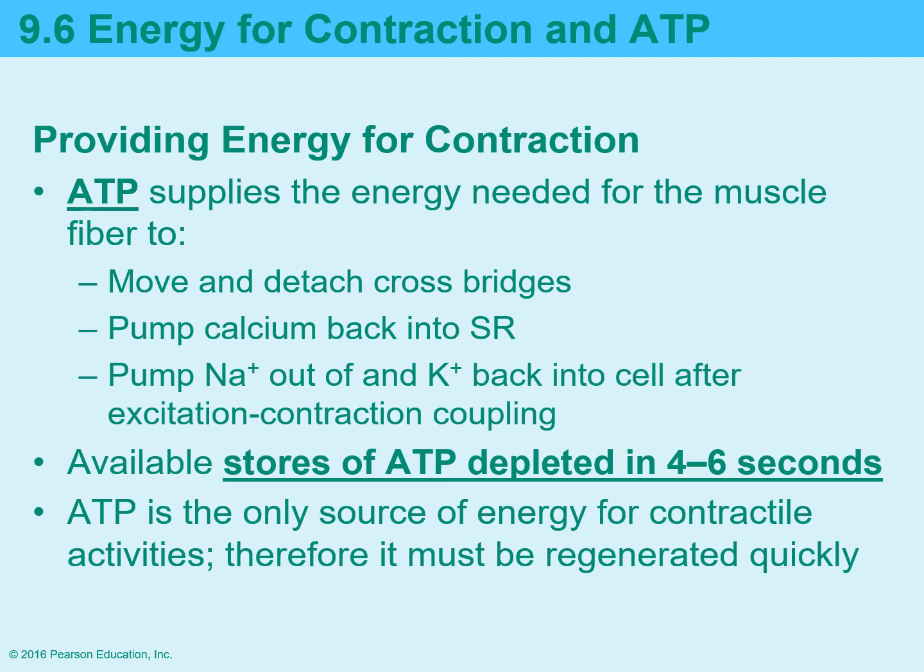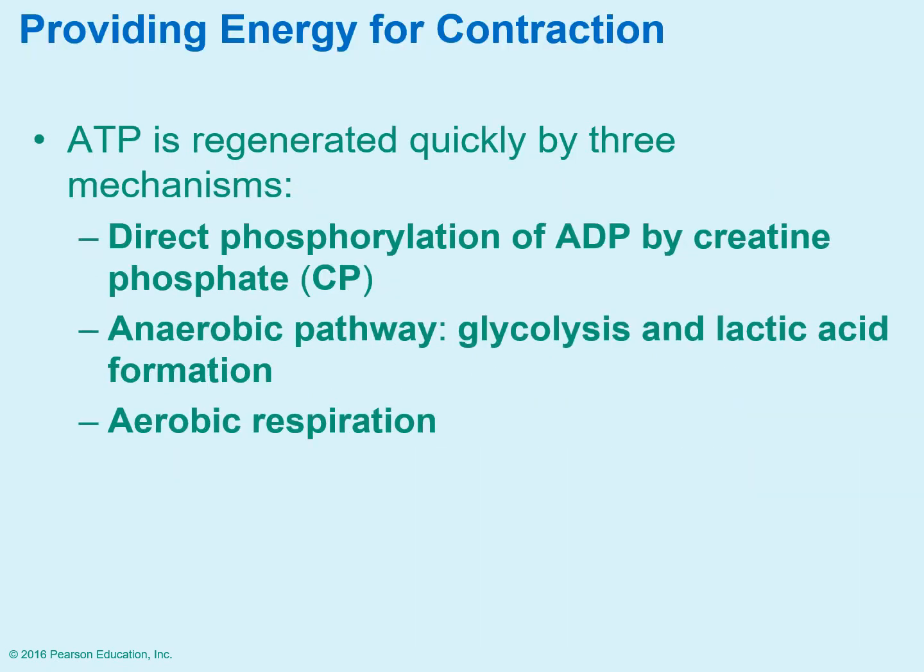So the cell needs ATP. So for muscle contraction, you do have some ATP that is stored in the cell. But when you have a muscle contraction occurring, you're going to run out of that available ATP in about 4 to 6 seconds. So, your muscle contraction, say you're running, you need to run more than 4 to 6 seconds. So, where does the rest come from?